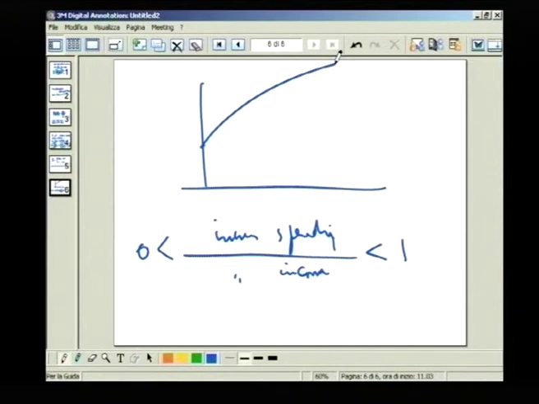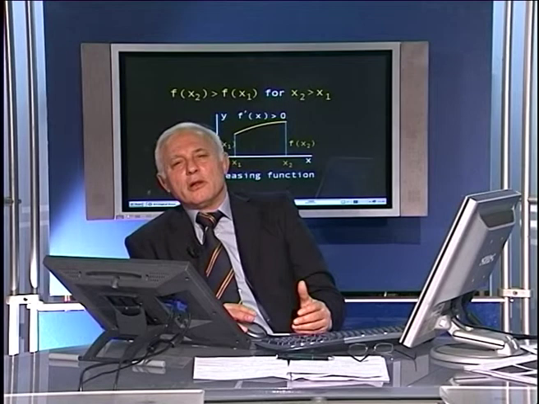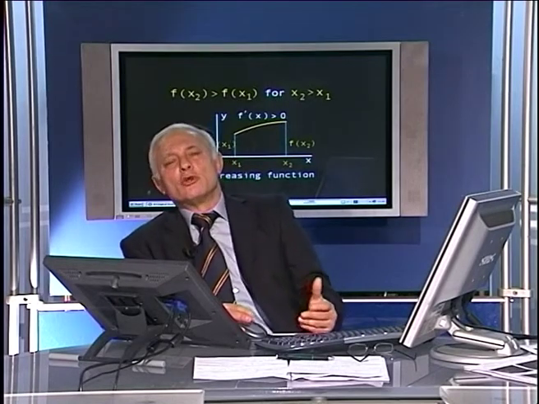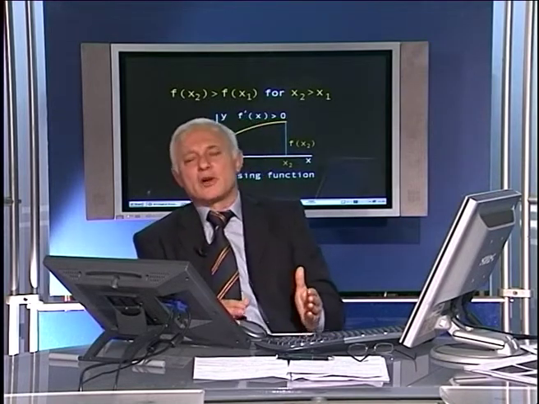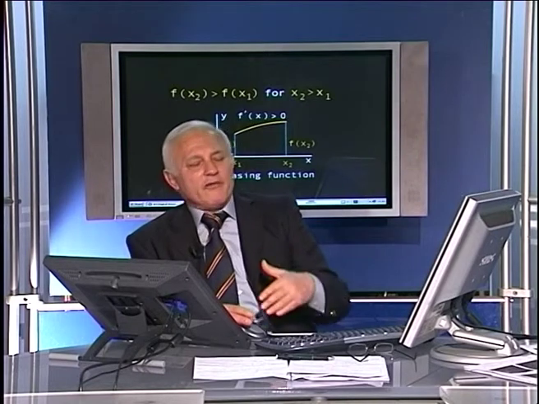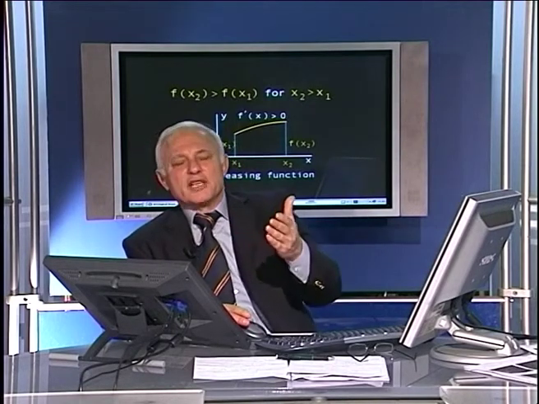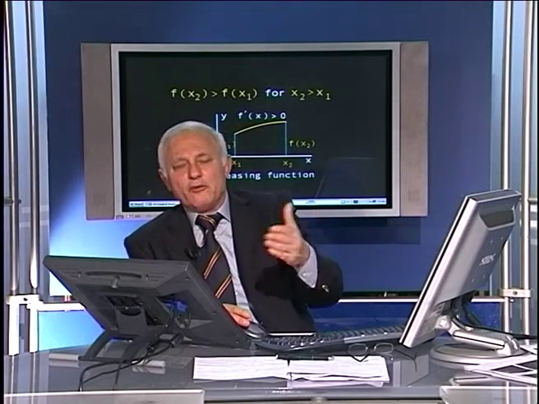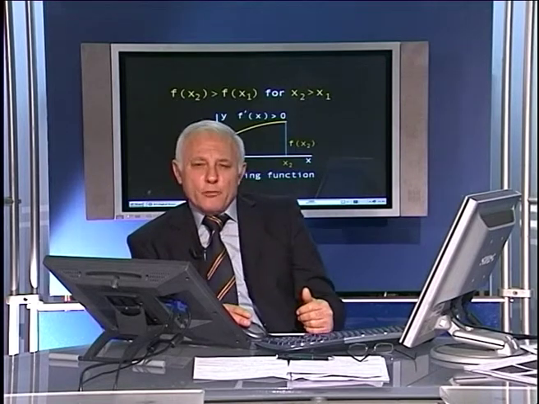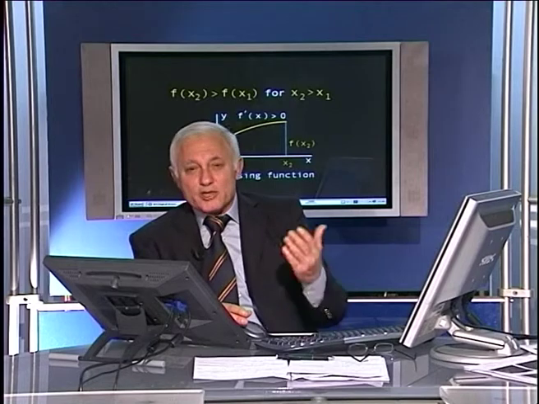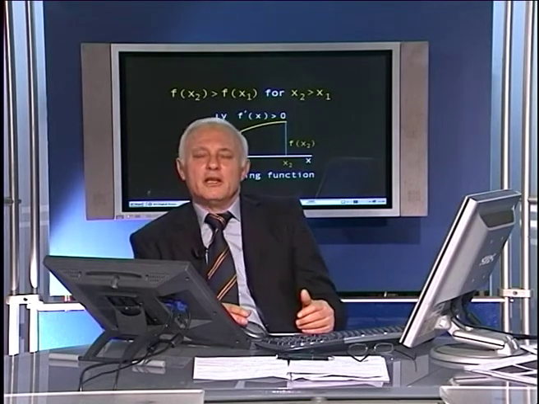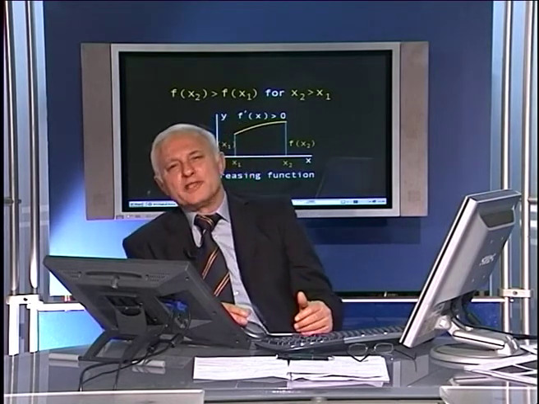Why? Because suppose your marginal propensity to consume is equal to 0.65. It means that for every extra 100 cents that you get as salary, you spend 65 cents and you save 35. This is the meaning of the marginal propensity to consume.